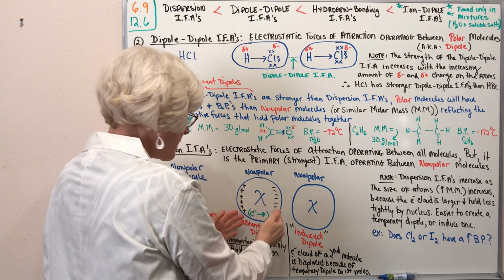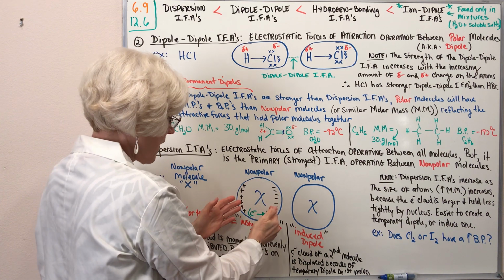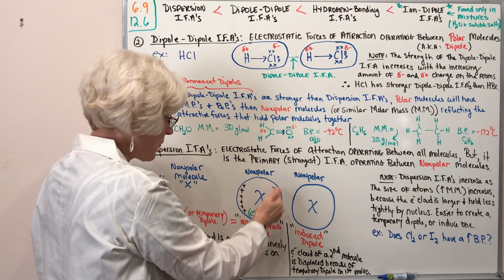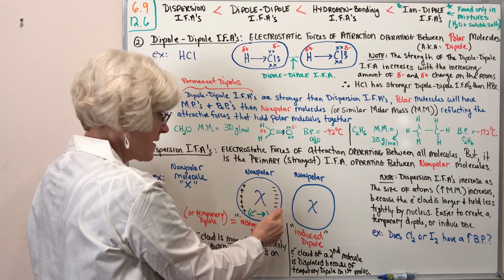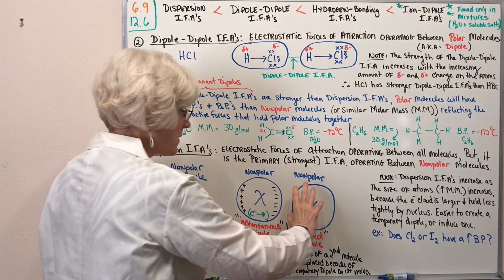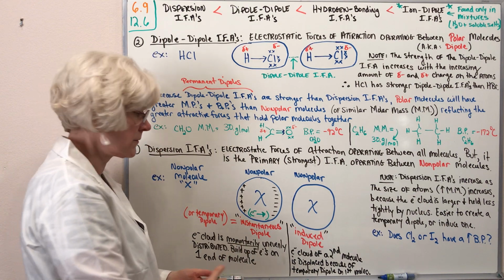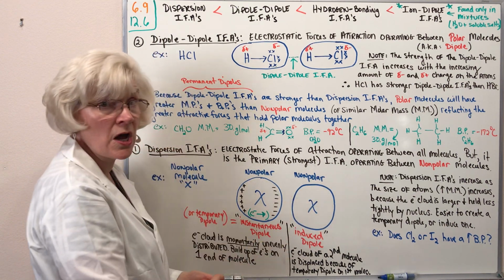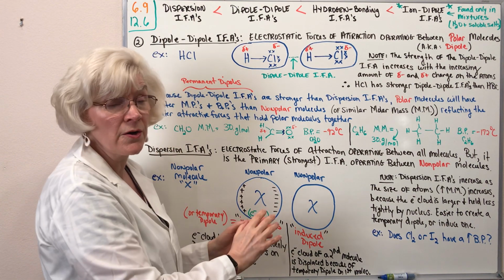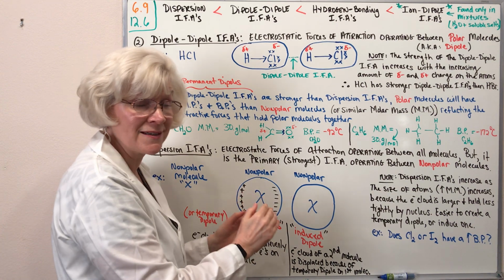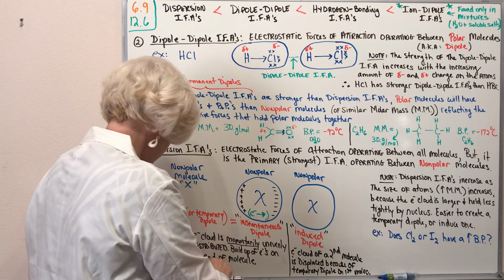Well, if this first nonpolar molecule X has more electron density on this right end of the molecule, what will that do to a second nonpolar molecule X that is in close contact? Well, we know that like charge and like charge repels.